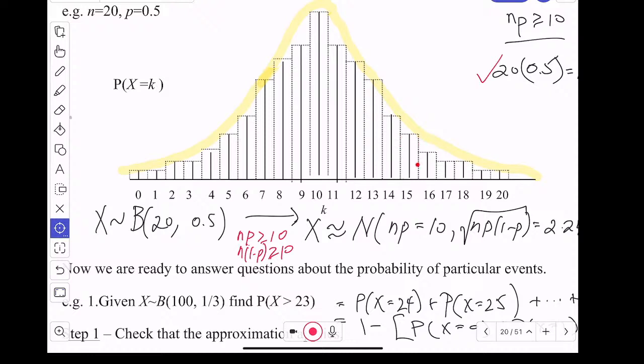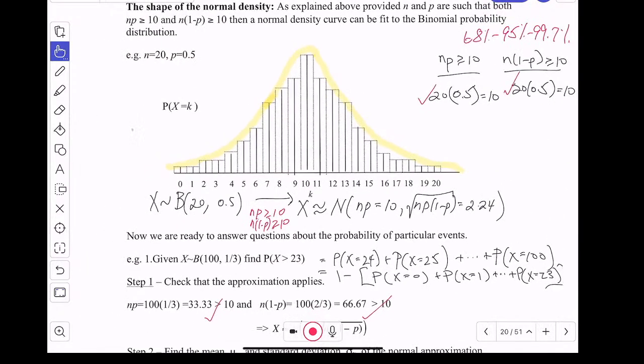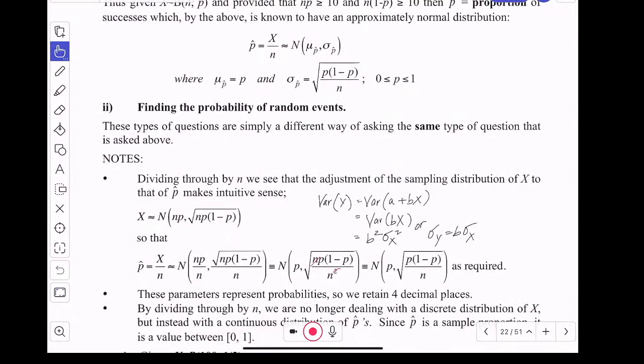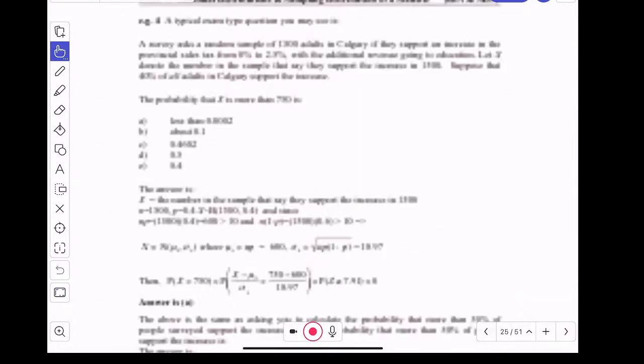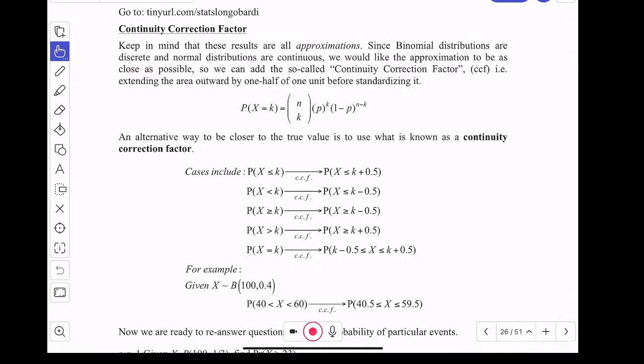I mean, the entire box around the spike should be 15. And here the entire rectangle around the spike at 14 should be 14. So how do we correct for that to get a more precise calculation of probability?